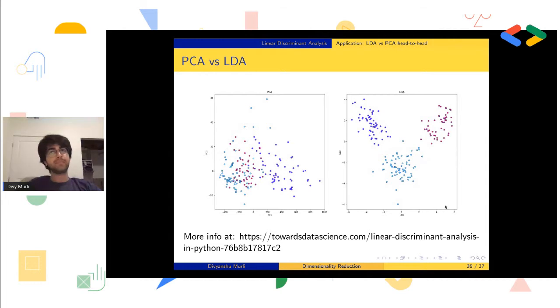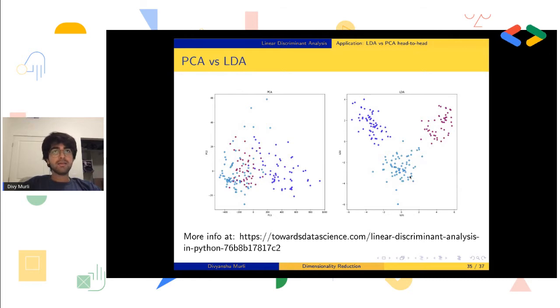So in this case, this dimensionality reduction technique turns out to be better than PCA, because we actually know what the classes are. Making use of that, we can separate the classes as far as possible and actually make something out of it.